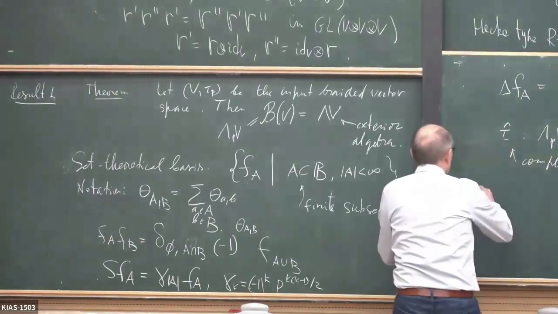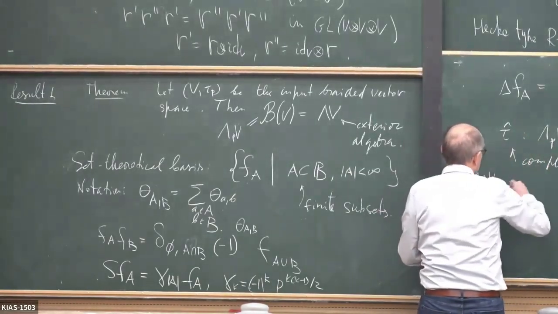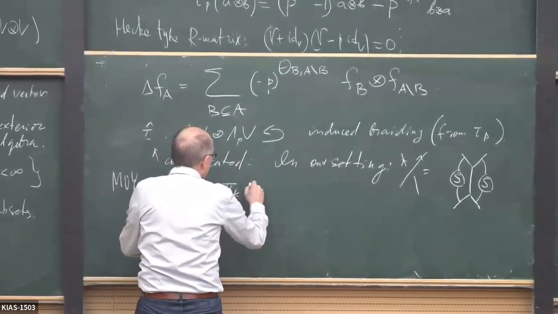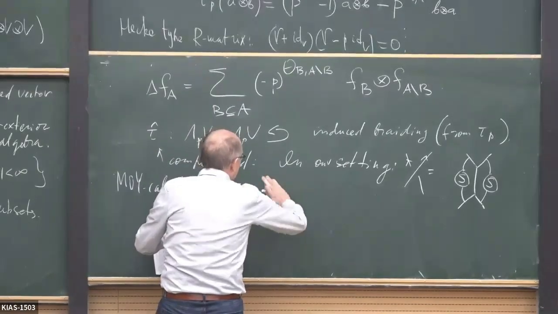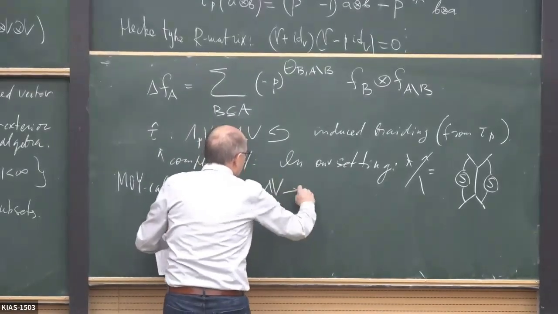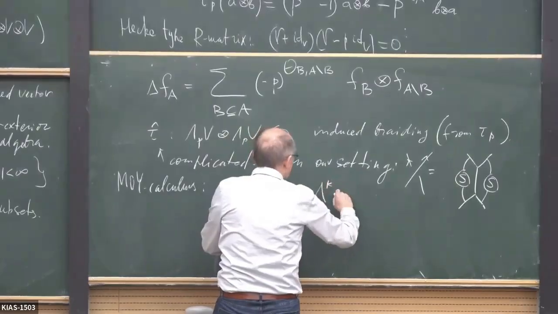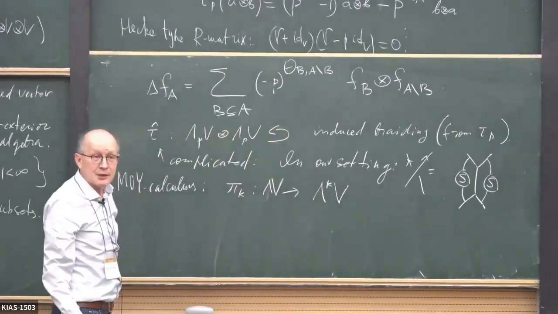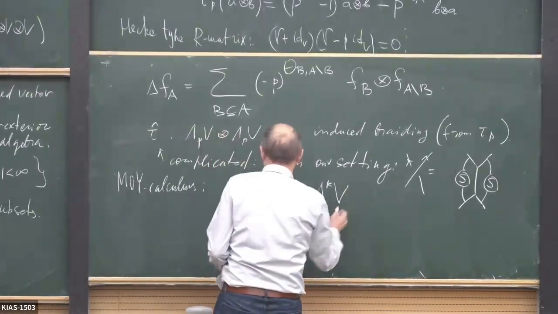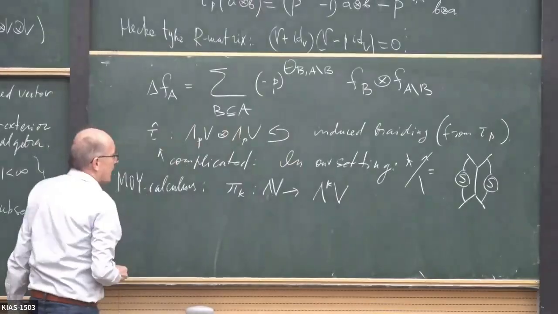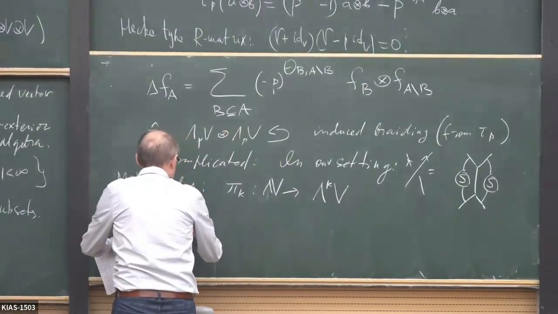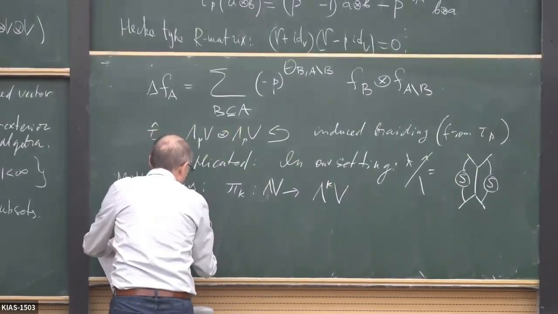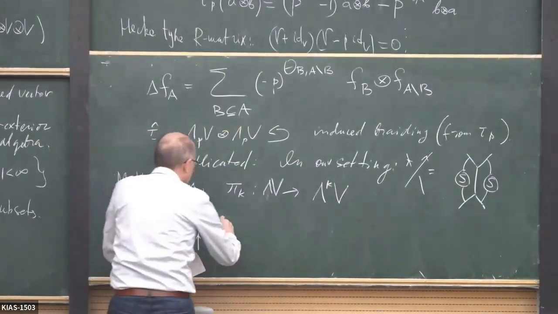But now, MOY-calculus. So what is a MOY-calculus? We take a P_k, which maps the exterior algebra to the subspace of degree k tensors, and then we put P_k. So in MOY-calculus, you need the arrows, so we put arrows.